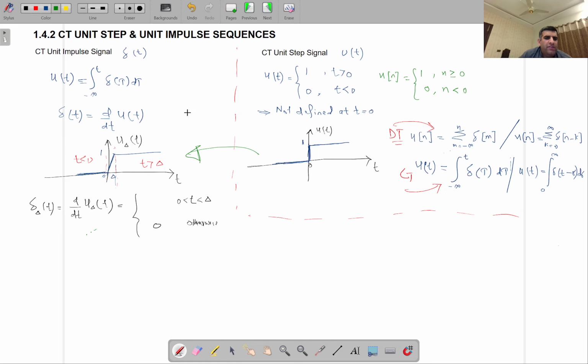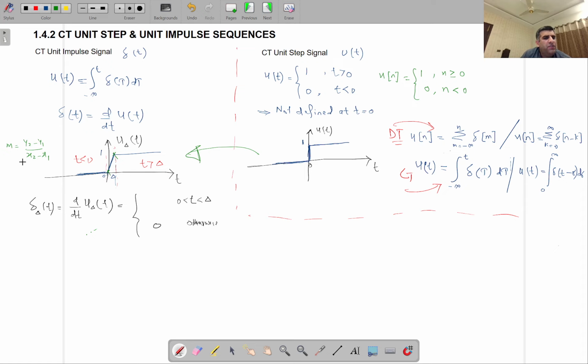So for calculating the slope, we already know the formula: m equals y2 minus y1 over x2 minus x1. So we have 2 points. We have this point where the coordinates are 0, 0, and then we have this particular point where the coordinates are delta and 1. All right.